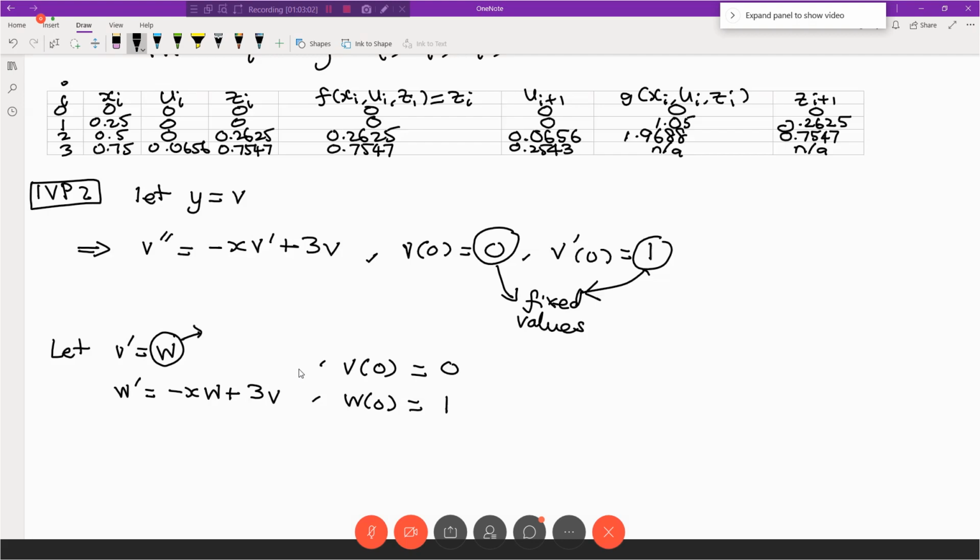So maybe P(X, V, W), your independent variable X, your first dependent variable V, and your W. So this is your P and Q.